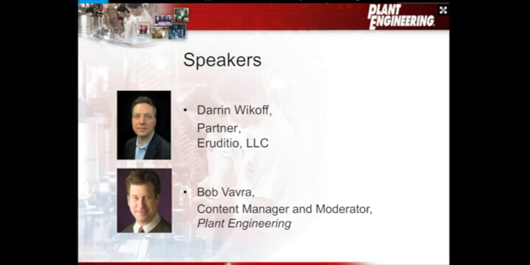ISO 55000 is not just written for physical assets. It's written for tangible and non-physical assets like intellectual property, software, data management, and different aspects that are also valuable to the business.